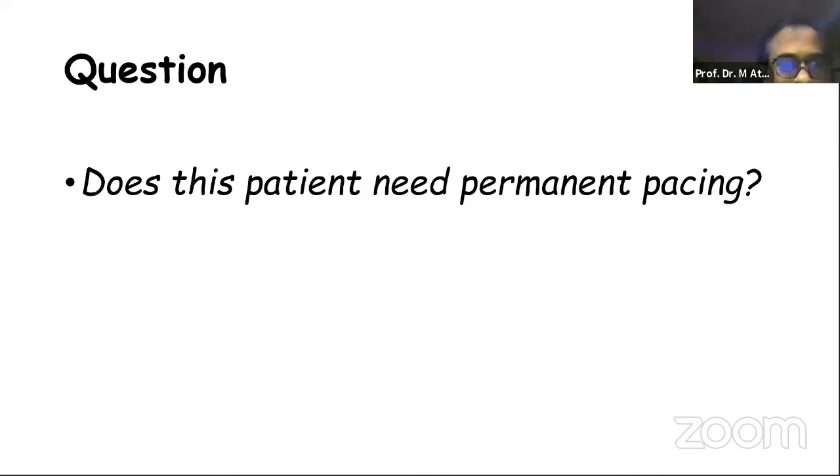No, Shahana, actually the AV block has improved. It was initially complete heart block, now it is just first degree heart block with a narrow QRS conducted beat. So there is no indication of permanent pacing at this point. The patient should undergo the coronary angiogram and revascularization first. We should take care of the coronary first.